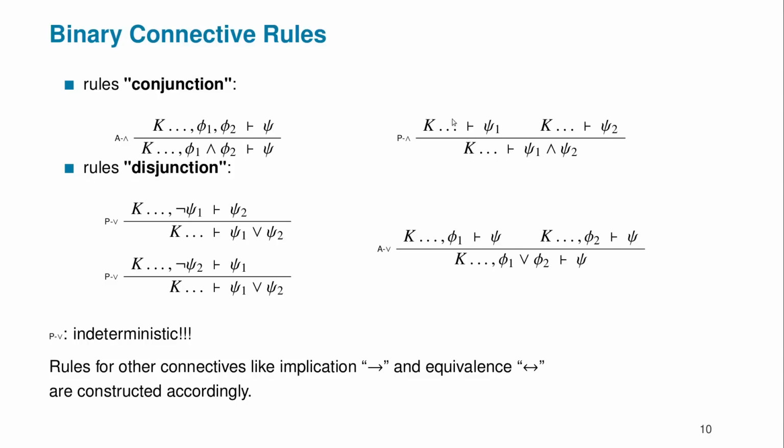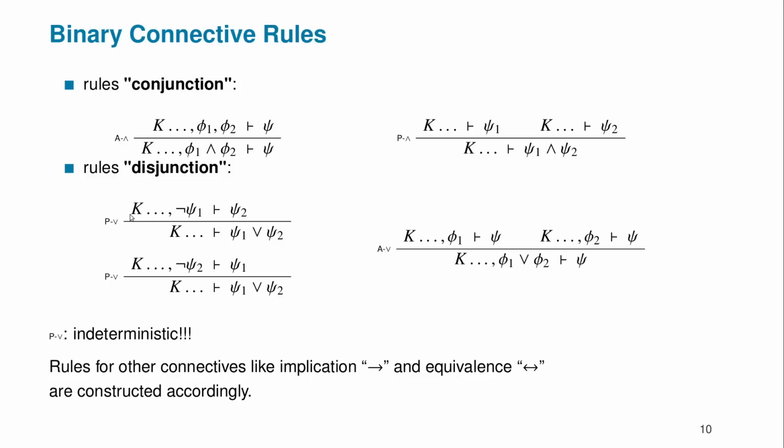So we have now two cases we have to consider. Yeah? So we have to show that psi1 is a valid formula and we have to show that psi2 is also a valid formula in case we do not have any assumptions. Yeah? In case the assumption set is empty.